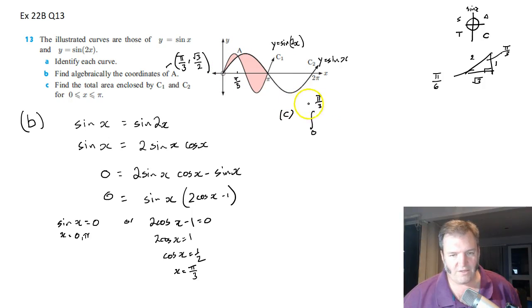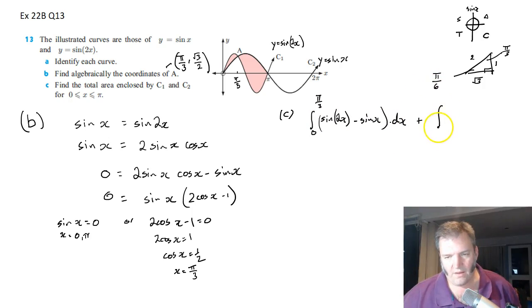So that's going to be sine 2x minus sine x dx, plus the integral from pi over 3 to pi, and in this case the top one is sine x, so that's going to be sine x minus sine of 2x dx.